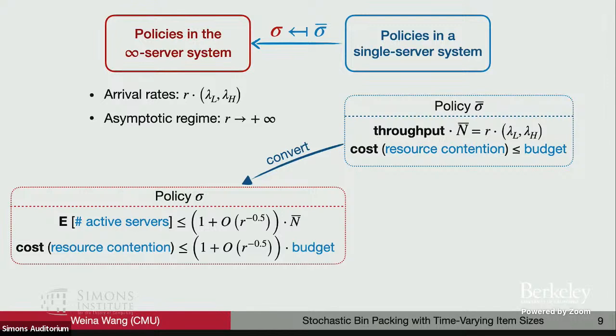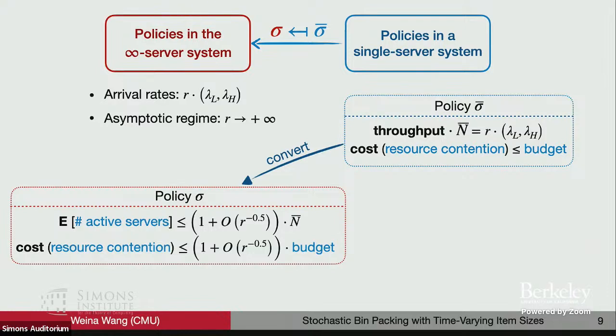However, this is asymptotic optimality, so we have a factor of 1 over square root of r here. Just for the context, the optimal n bar will be on the order of r, so this square root of r is a diminishing fraction of that. And the constraint we also violated a little bit, but it's small when r is large.